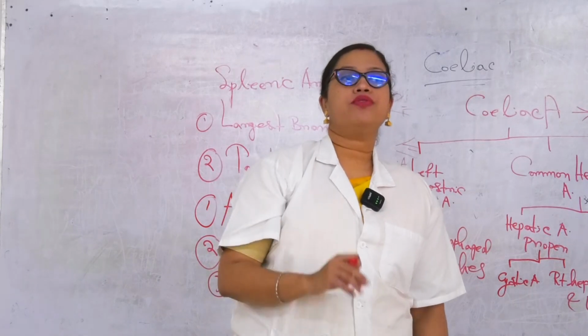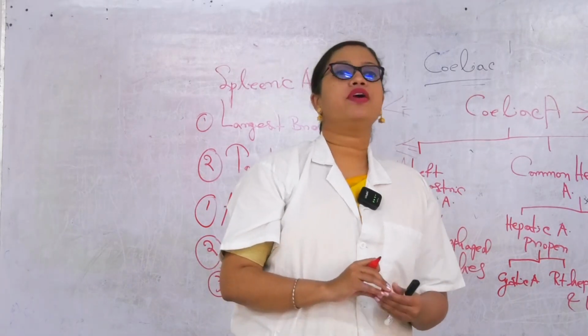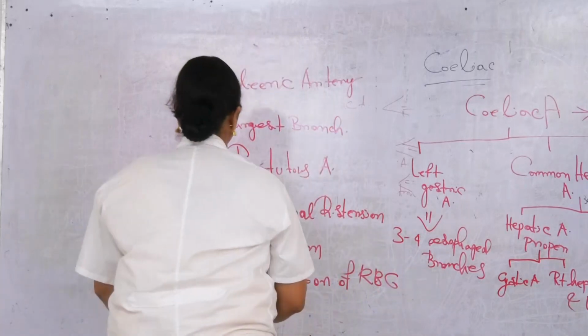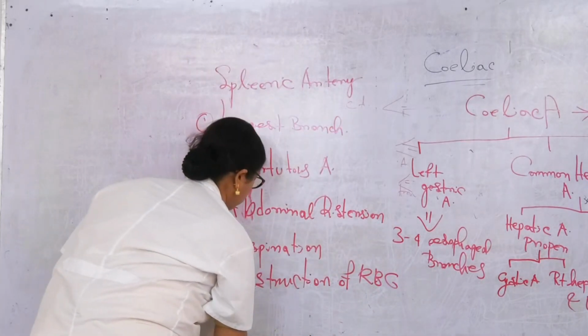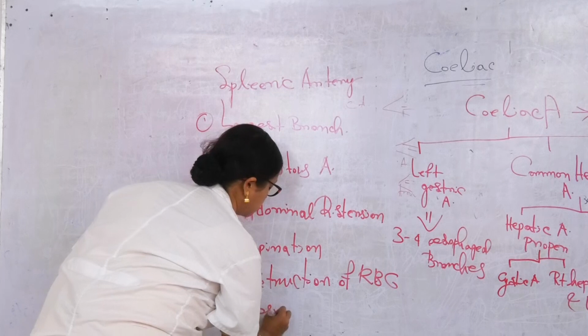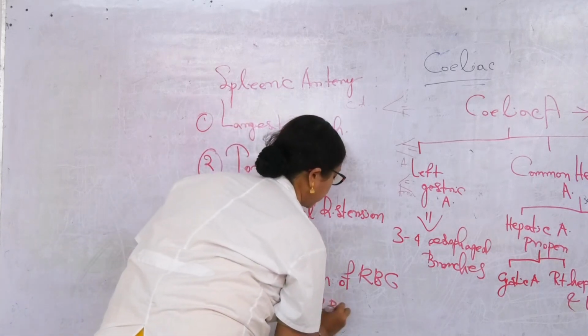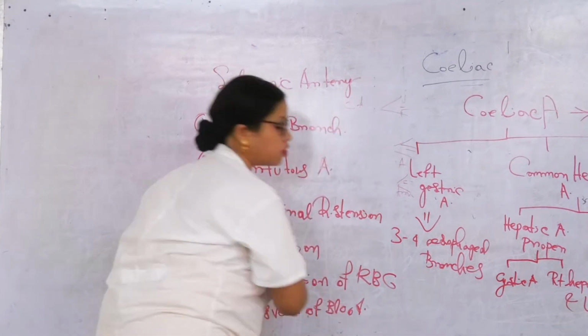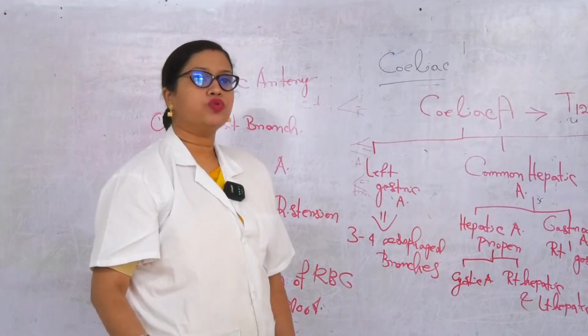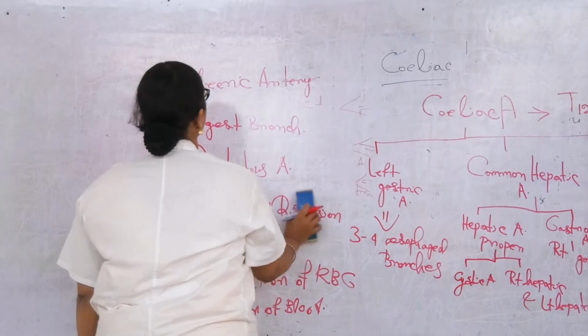Okay, so write it down. Fourth one is as a reservoir of blood. Okay, so these are the causes of why the splenic artery is tortuous. Now one by one arteries will come across.